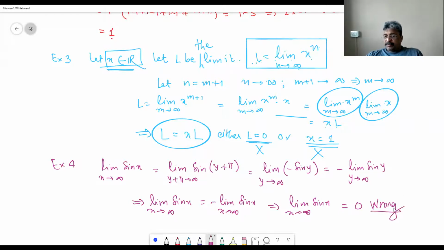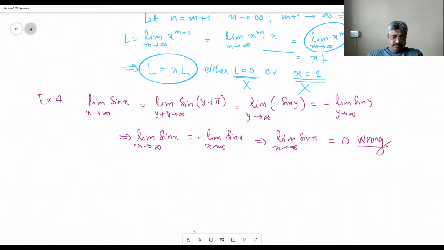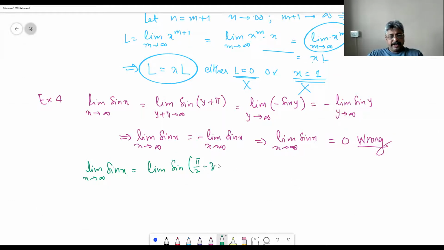So in spite of the fact that we have done the algebra correctly, we are getting the result wrong. One more version, a modification of this: limit x tends to infinity sin x is equal to limit sin of pi by 2 minus z, where x is pi by 2 minus z.